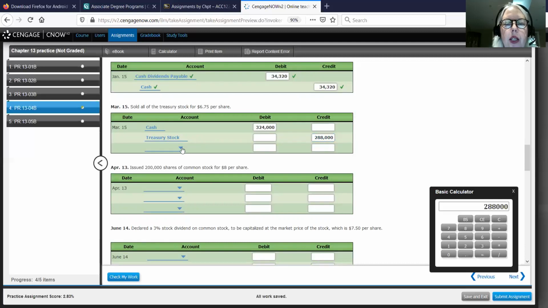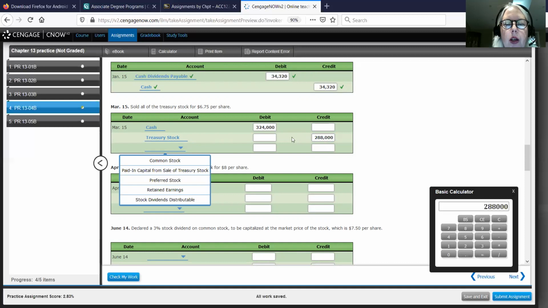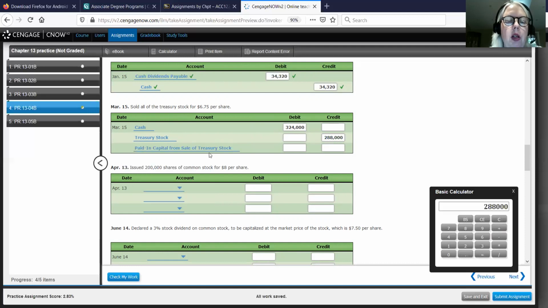Now the remaining credit, you can see we need a credit because our debits and credits are not balanced here. We'll go into what we call the paid-in capital from sale of treasury stock. This paid-in capital from sale of treasury stock is a stockholders' equity account and will increase on the credit side. It will increase for the difference between what we sold the treasury stock for and what we paid for it originally, its original cost.